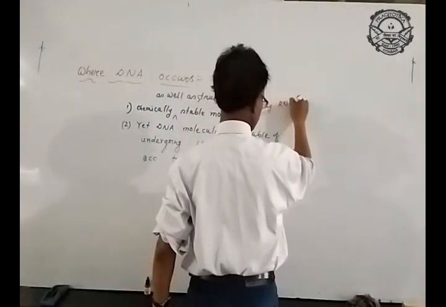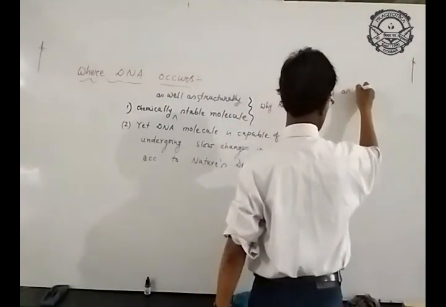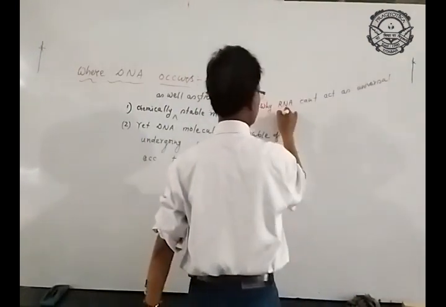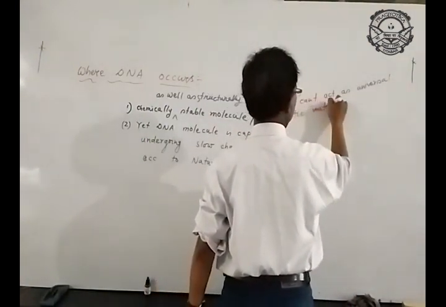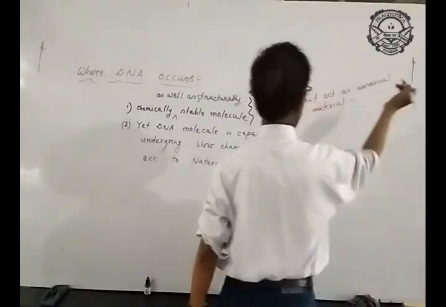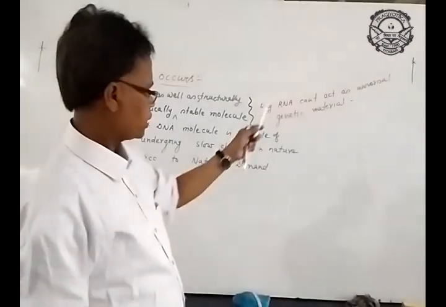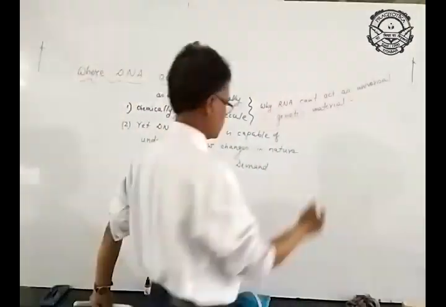Why RNA cannot act as universal genetic material like DNA?